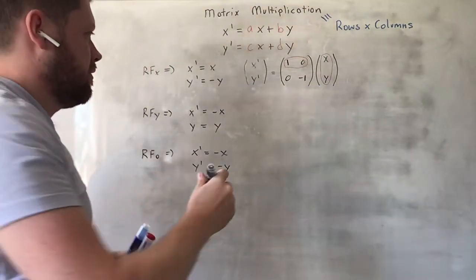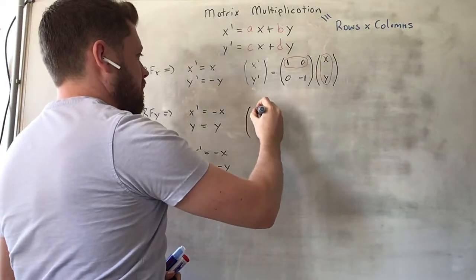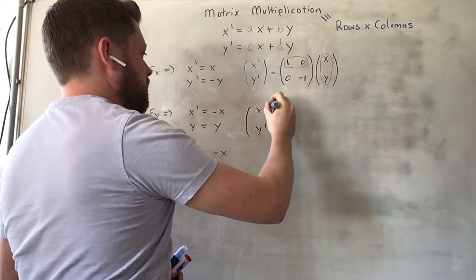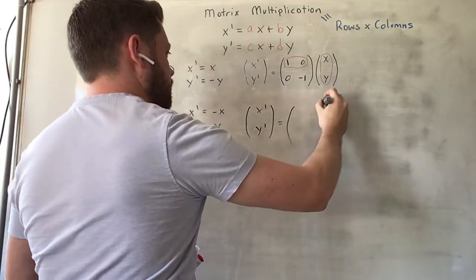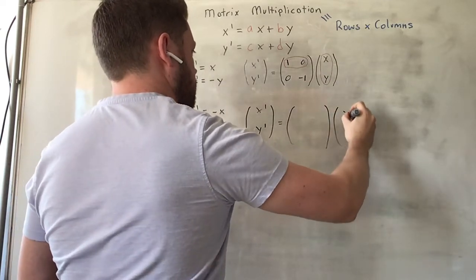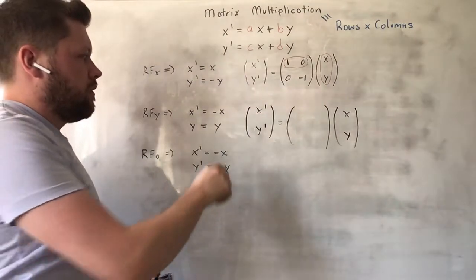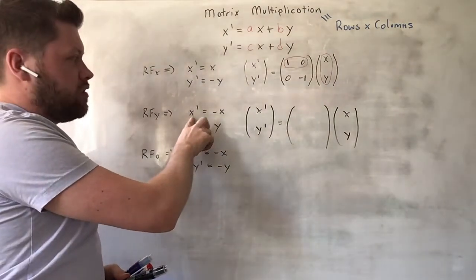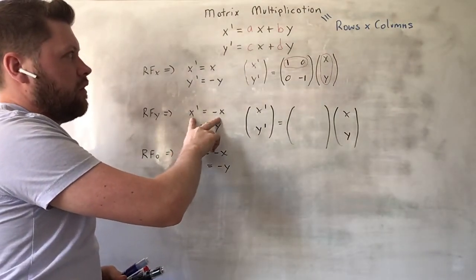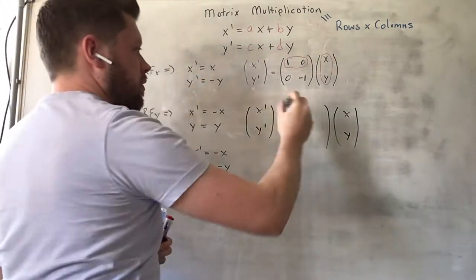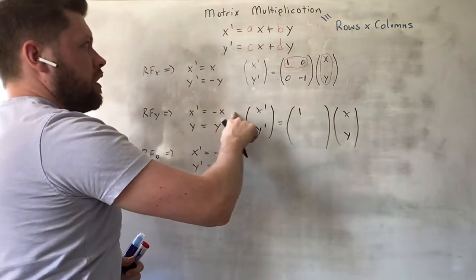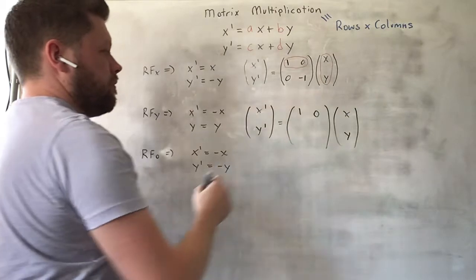Let's figure out what the matrix transformation is for this one. Good, so x dash is equal to minus x. So a here must be minus 1. There's no y component, so that's 0.